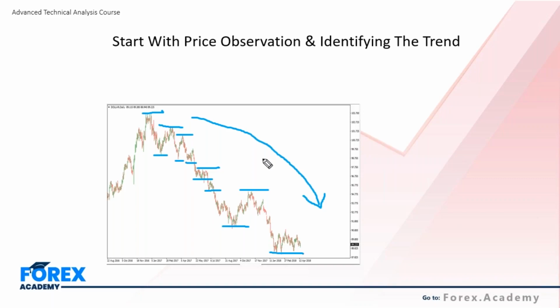But it has all of the ingredients necessary to be a trend, firstly, and then it's up to you as a trader to identify what direction that trend is moving in. And sometimes it's just price observation. So you don't need any particular tool to tell you that this market is moving to the downside, although we'll be looking to apply certain tools that will make that decision crystal clear if you were having any issues.